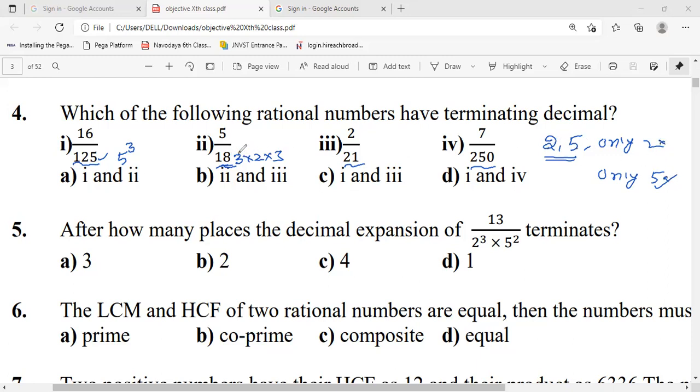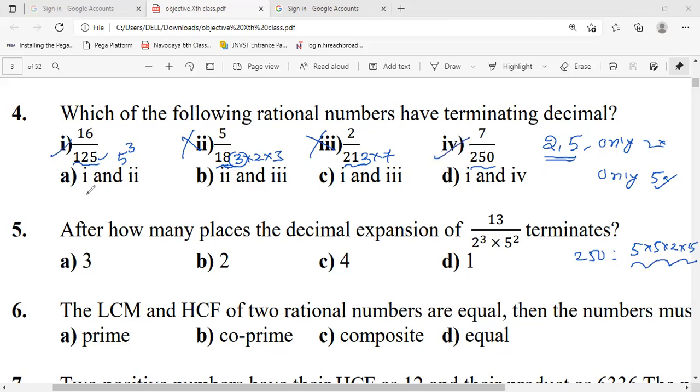But here 3 is coming, so it is not a terminating decimal. Here 3 7's are 21, so it is not a terminating decimal. Here 250 we can write as 5 into 5 into 2 into 5, so we have 2's and 5's only, so this is also a terminating decimal.